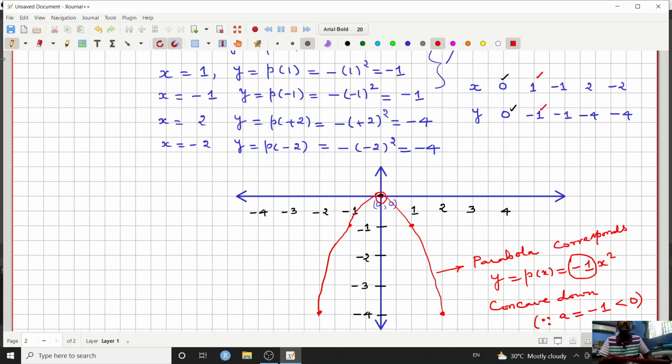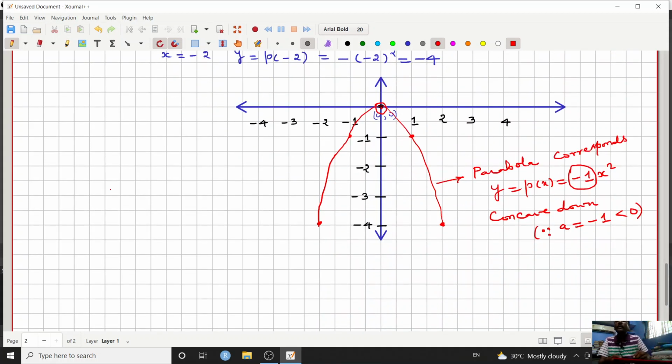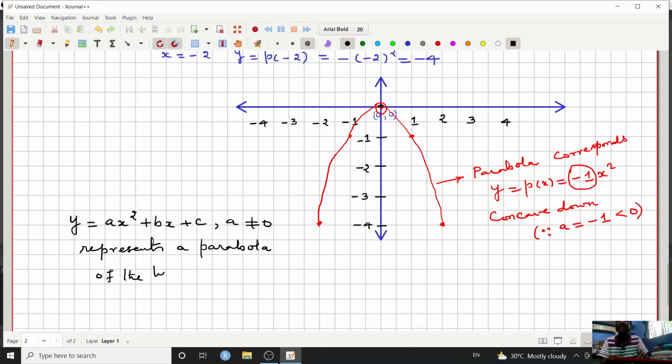So as I said already, the general equation of the parabola, the quadratic equation a x square plus b x plus c with a not equal to 0, represents a parabola of the type concave up when a is positive.